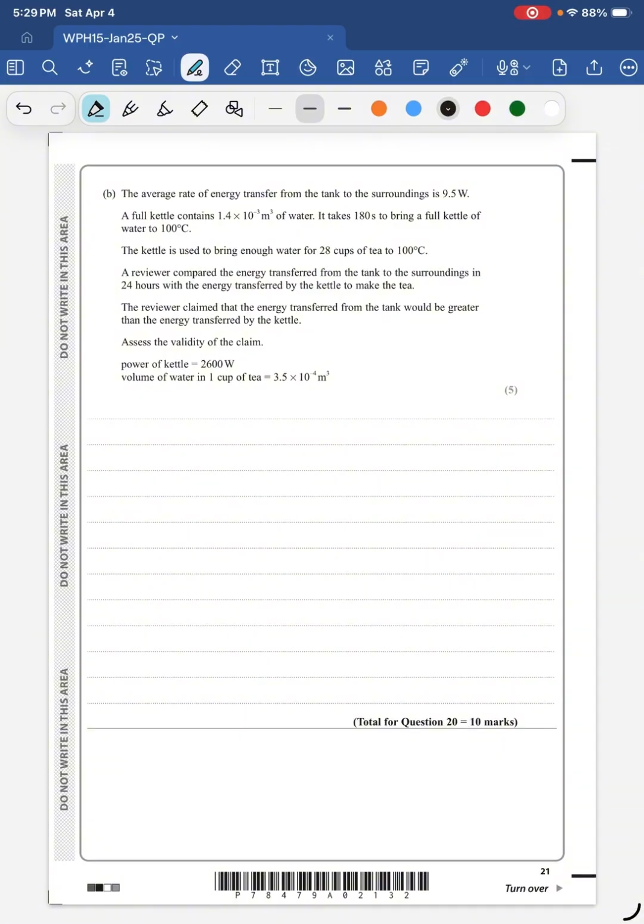So first of all, let's start with the volume of the kettle over the volume of 1 cup. So this is going to be 1.4 times 10 to the negative 3 cubic meters, sometimes I forget to include the units, over 3.5 times 10 to the negative 4 cubic meters.